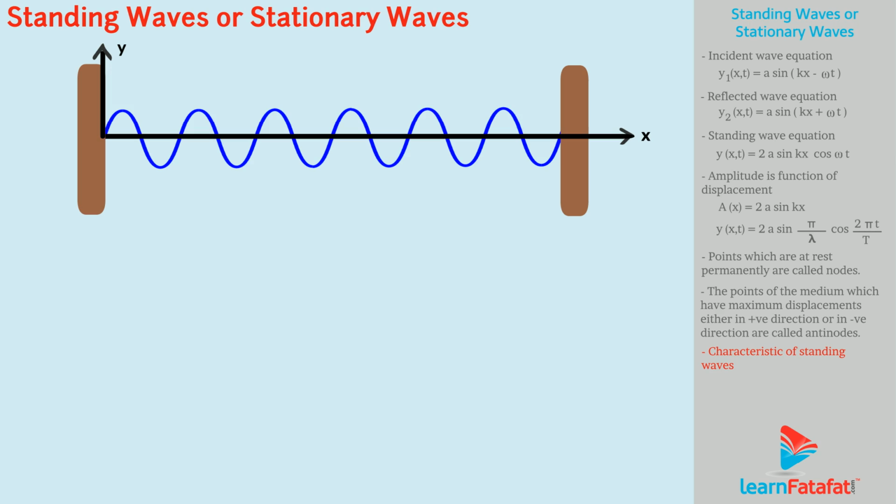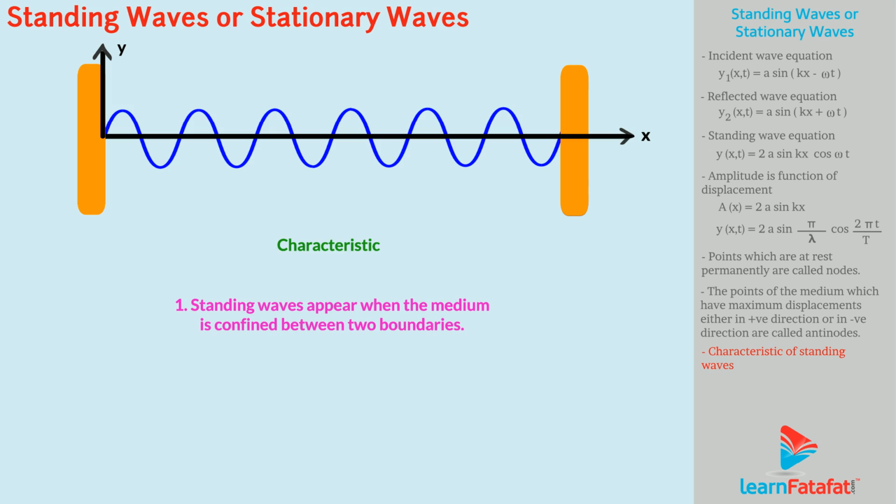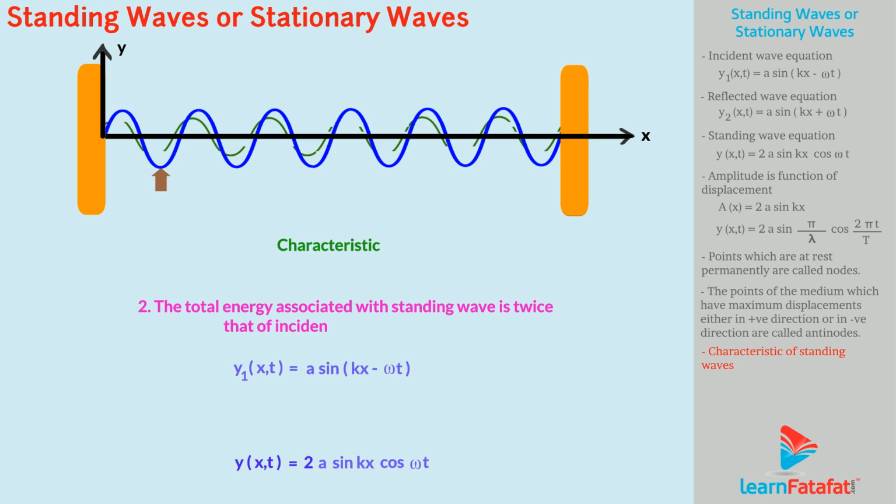Here are a few characteristic features of standing waves. Standing waves appear when the medium is confined between two boundaries. The total energy associated with a standing wave is twice that of the incident wave or reflected wave.